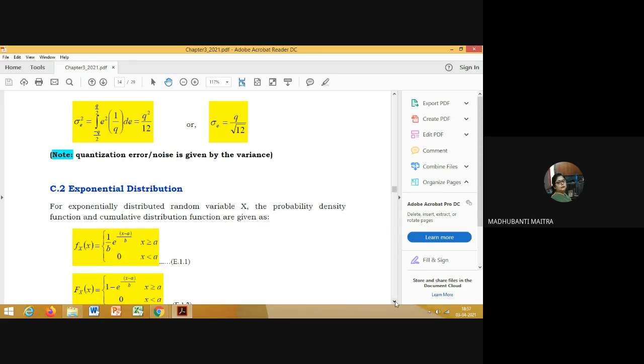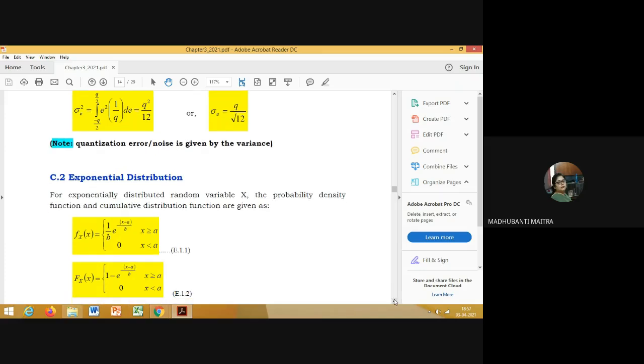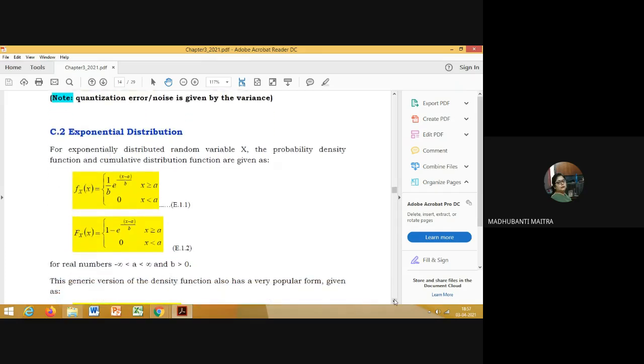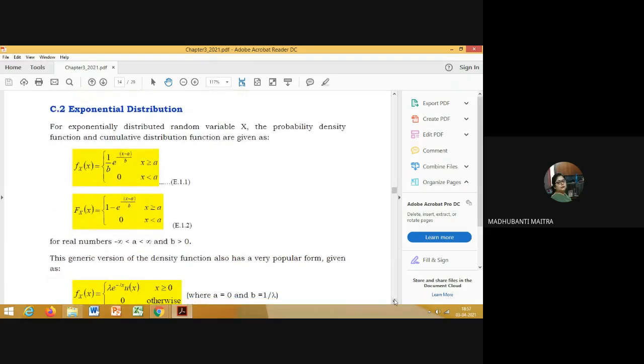Okay. So if this be the density function, then by performing integration, we can find out the distribution function Fx, and that will be equal to 1 minus e to the power minus x minus a divided by b for x greater than or equal to a, and will be 0 otherwise.